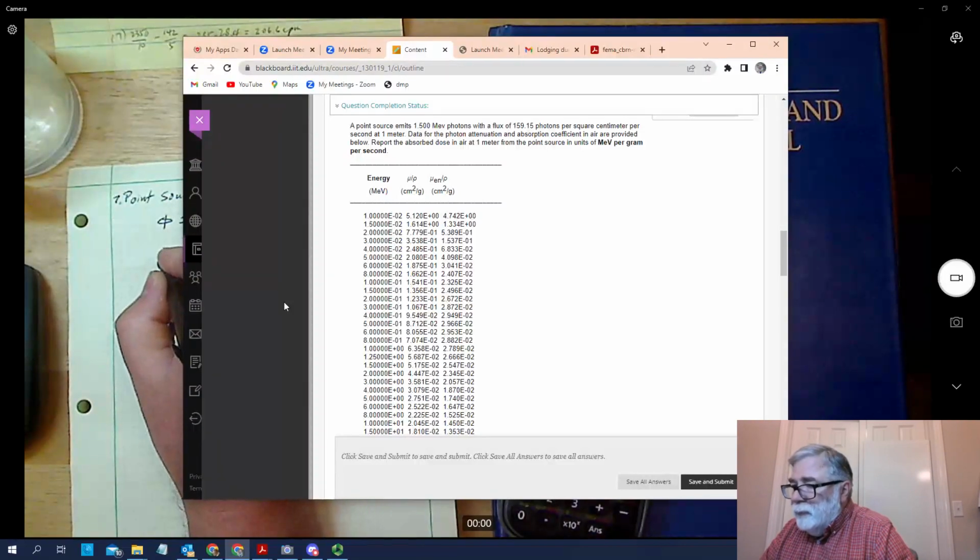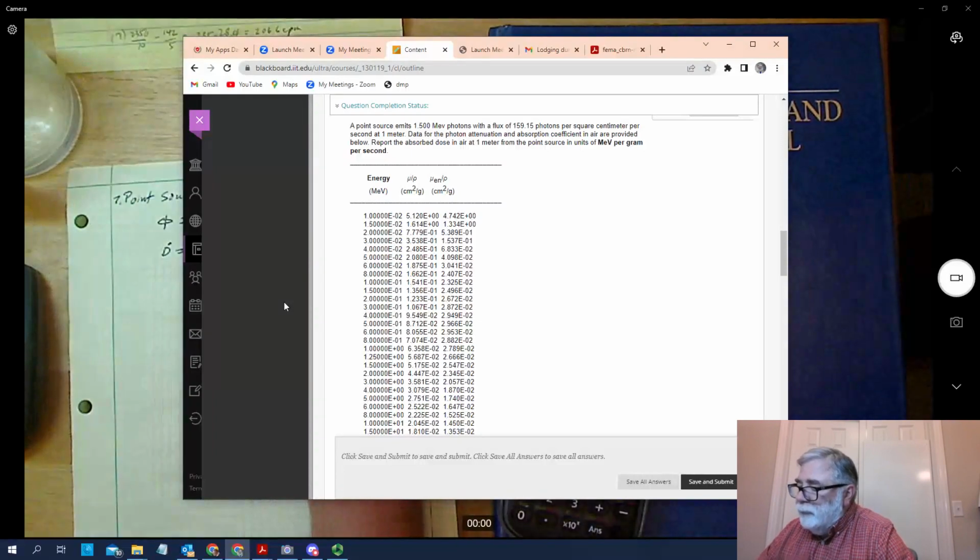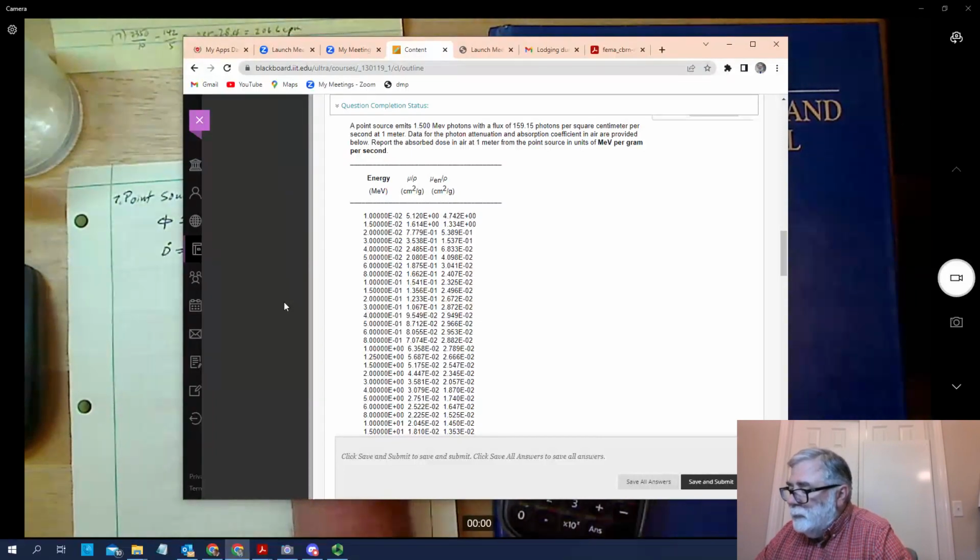Absorbed dose rate. So D dot is equal to, to get the absorbed dose rate, phi times E times mu En over rho. So phi we just figured out, 159.15. E is 1.5 MeV.